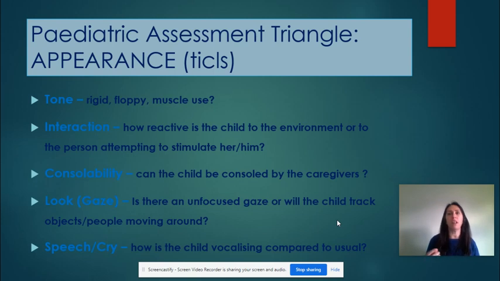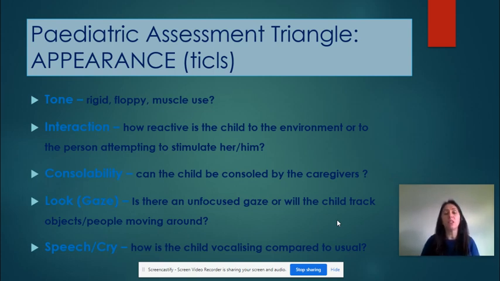Anything to see whether the child can be distracted and can interact with other things outside of you trying to assess them. So you are stimulating them. You are distracting them and see if they follow that distraction. If they're completely not interested, you're worried. Right? If they're not looking at mum walking around the room, you're worried.